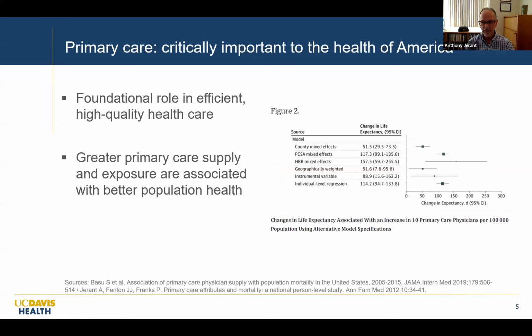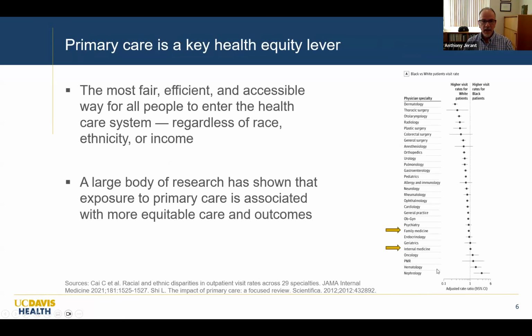And of course, that means that some people might end up having much more significant expansion in their longevity. And this is just looking at longevity. There's obviously other things that could be looked at. But that's pretty impressive, and there aren't too many other things in healthcare that do that. It's a key equity lever as well. It's been shown to be the most efficient and fair and accessible way for people to enter healthcare.